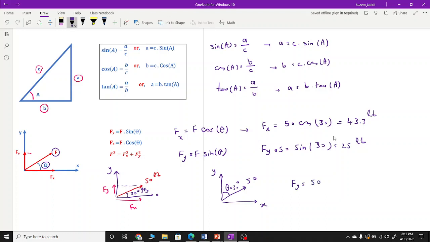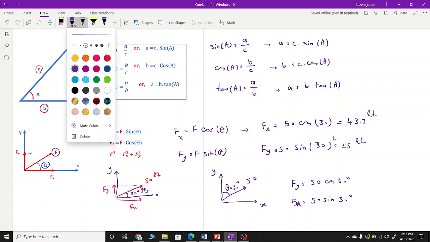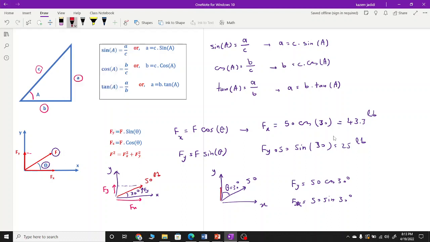That means Fy is going to be 50 times cosine 30 degrees, and Fx is going to be 50 times sine 30 degrees. So do not forget, adjacent is all the time cosine. In this second example, adjacent to this angle is Fy. Therefore, I use cosine for that one.